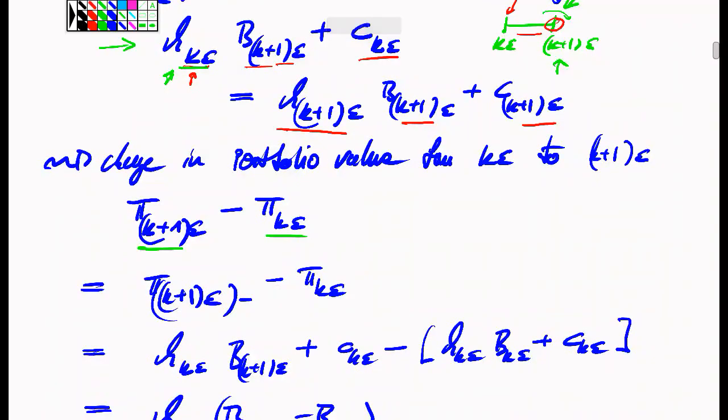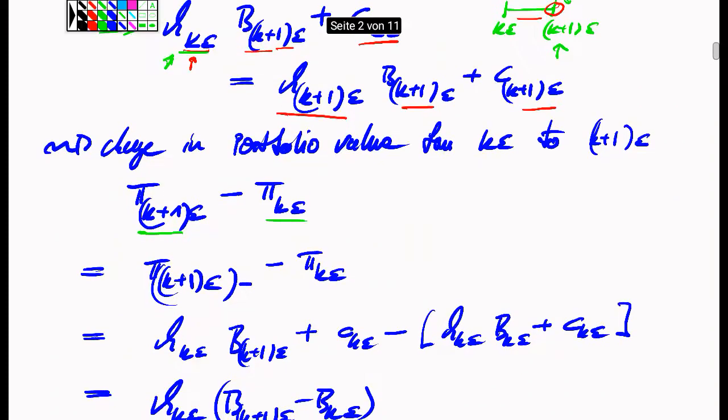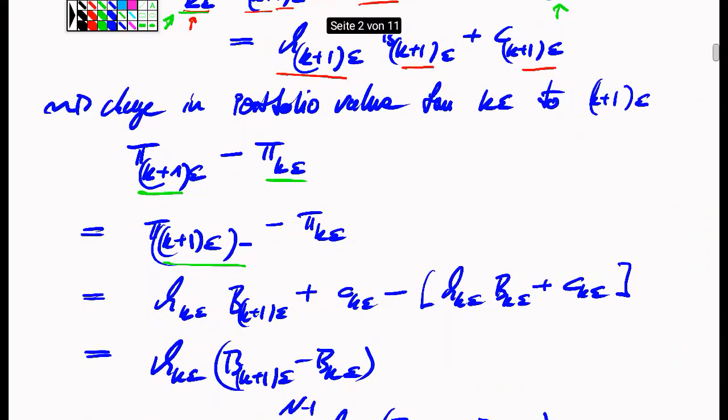If we compare the portfolio at the end of the next interval, (k+1) epsilon, with the portfolio value at the end of the previous interval, by our self-financing strategy, this portfolio value is just the same as if we insert the portfolio value at the infinitesimal moment which was right before.